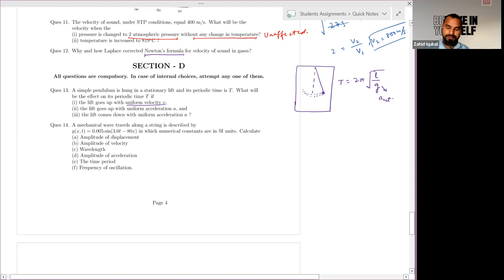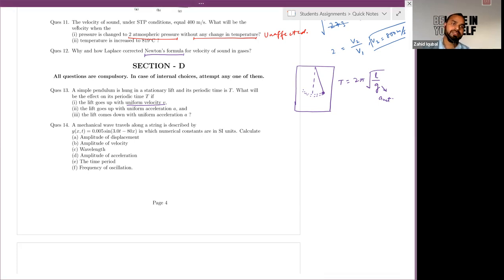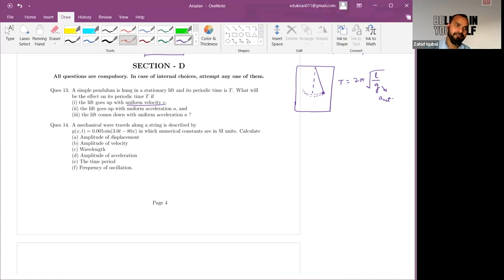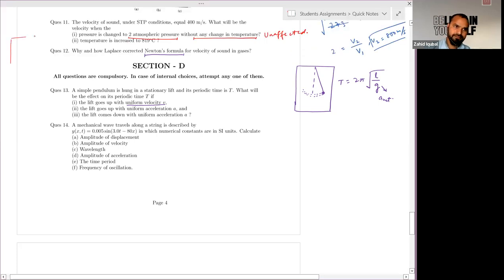But in the second part, suppose the lift is accelerating upward with some acceleration a. Suppose this is any system and a body is placed in it. So this particular object will experience a downward force due to gravity if the system is at rest.